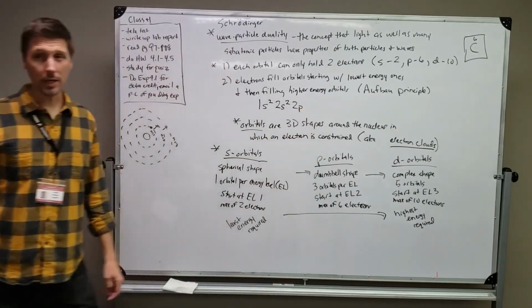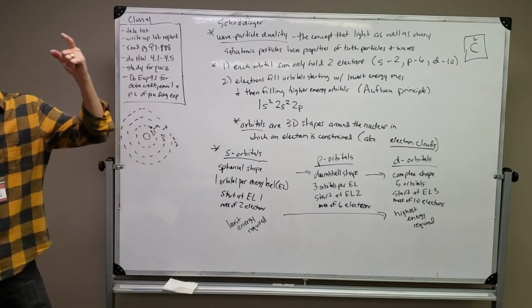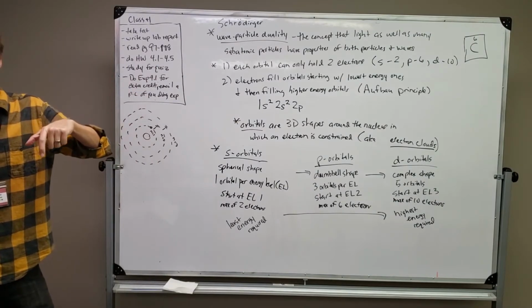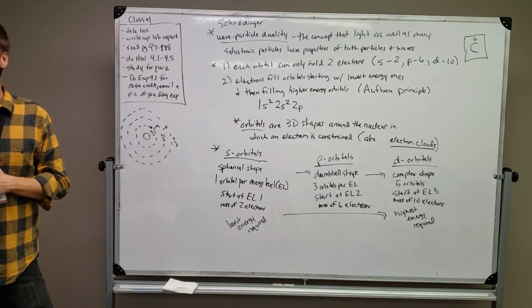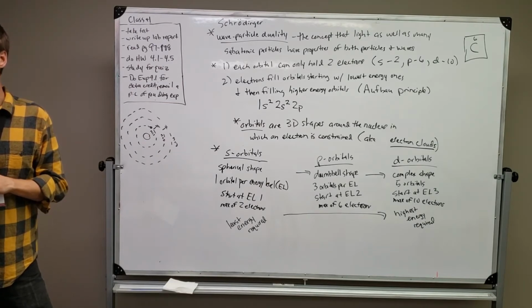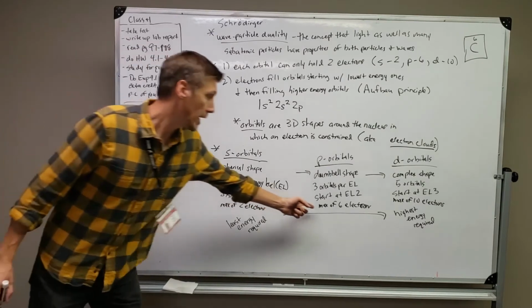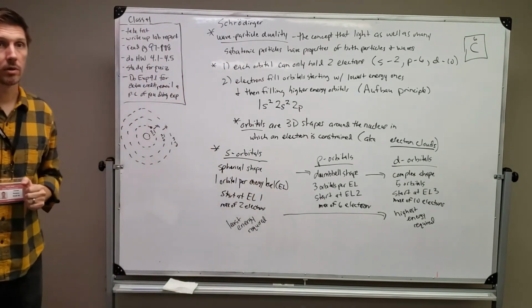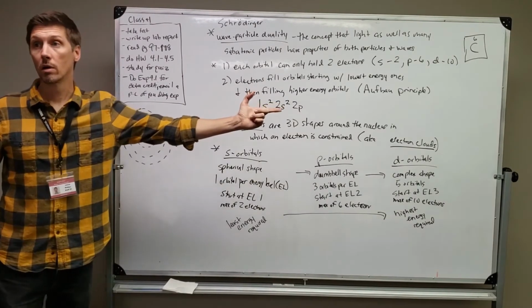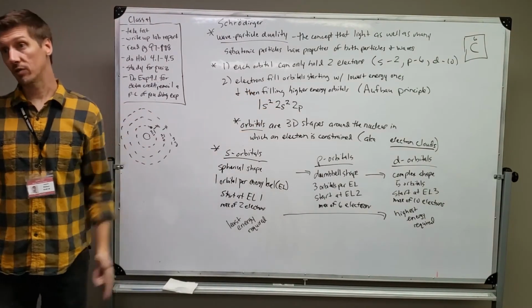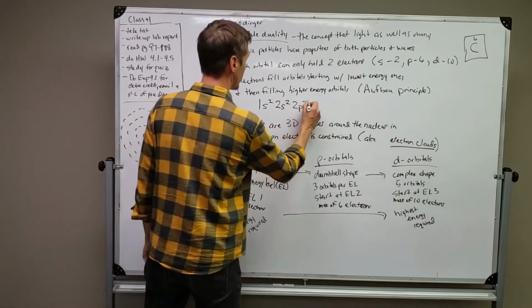So for the 2p orbital, that is the p orbital at energy level 2, it can hold a max of how many electrons? Did I hear 6? Yes, 6. That's right. Max of 6 electrons for a p orbital. But how many electrons do we have left? We've already accounted for 4. We only have 2 left, right? Because we have a total of 6.